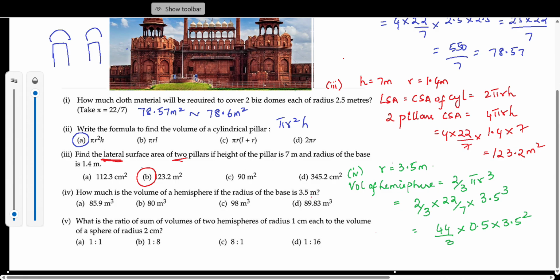So 3.5 squared is 12.25 into 44 into 0.5 divided by 3. That gives us 89.83 approximately. This is meter cube, which is volume. So we can see that this is the option there.